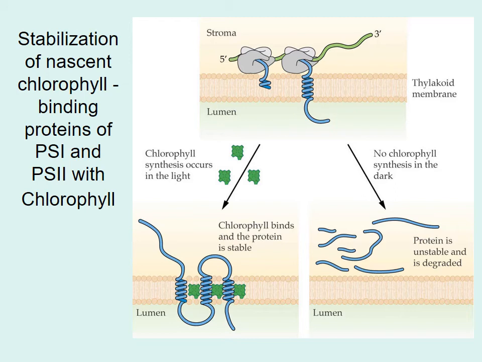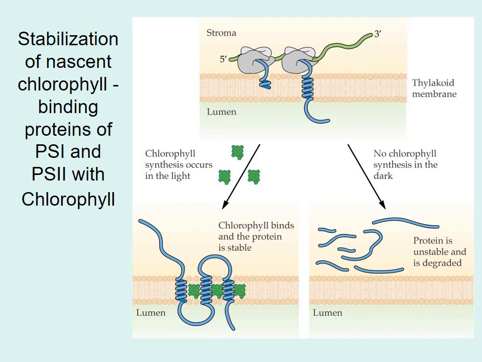So if the chlorophyll synthesis is there and the photosystem proteins have been synthesized, then in the presence of light, the chlorophyll will bind to the protein, and a stable photosystem will be formed that will be present in the thylakoid membrane.